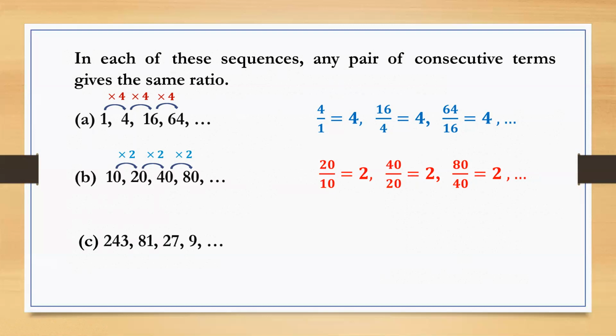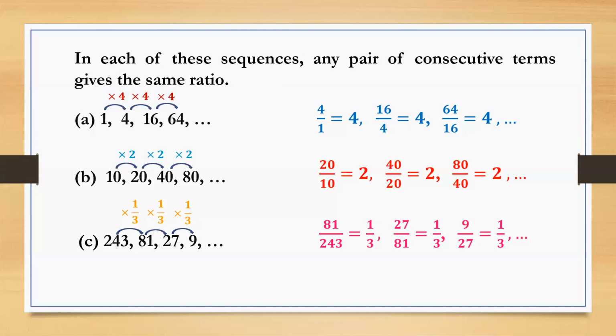The third part, we can either say that we need to divide by 3 to get the next term, or we can also say that we need to multiply by 1/3 to get the next term.